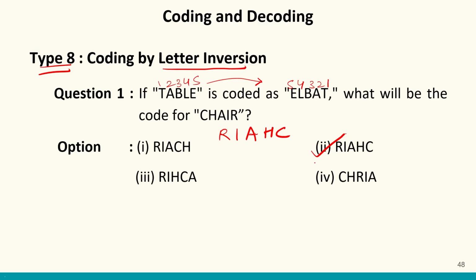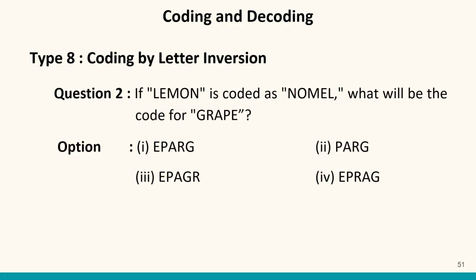Now the options are a little confusing, so just keep in mind and choose the correct option. Now similarly, for lemon, it is NOMEL. This is just reverse order. So for grape, it will be E, P, A, R and G. EPARG, which is option number 1.